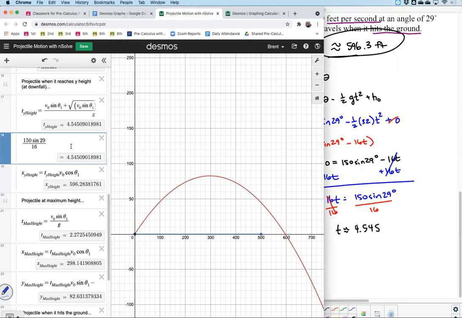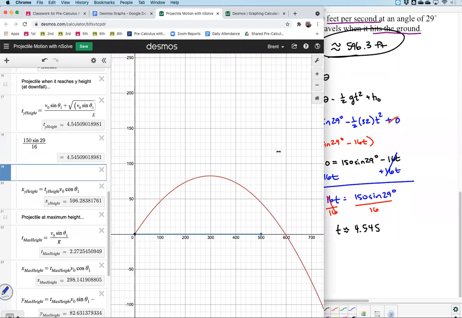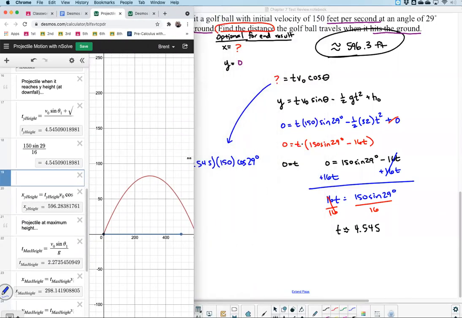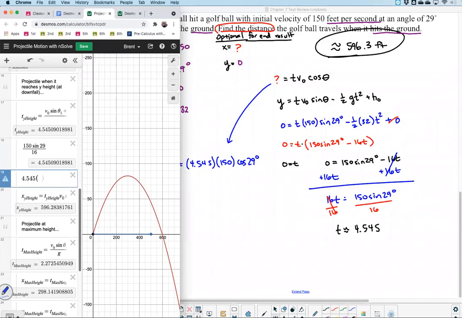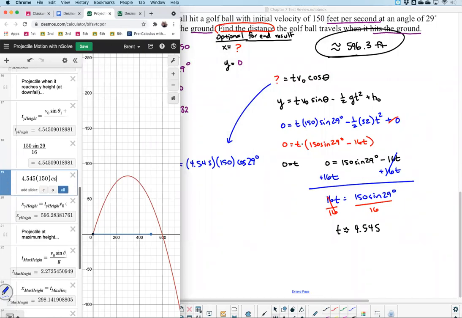So let's type that in. We should get that 596 when we type this in. 4.545 times 150 times the cosine of 29 degrees, 596.27. So that's how you do the algebra. The calculator's a lot quicker though. A whole lot quicker.